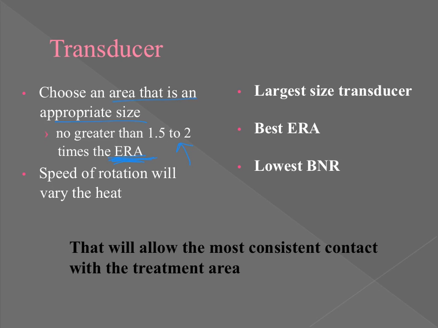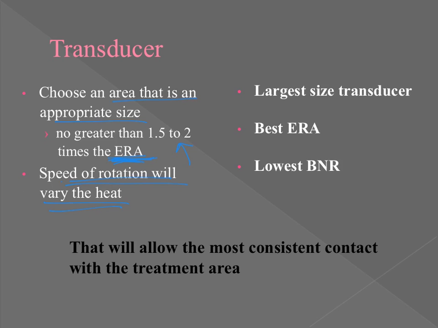With larger muscles, you're just going to have to chunk that. You're going to have to break up your treatment. You might do 3 treatments for a quad or 4 treatments for a quad. The speed of rotation will vary the heat. So what we know about ultrasound treatments is the slower your rotation or movement of the transducer head, the more heat that is going to be produced, and the faster, the less heat.